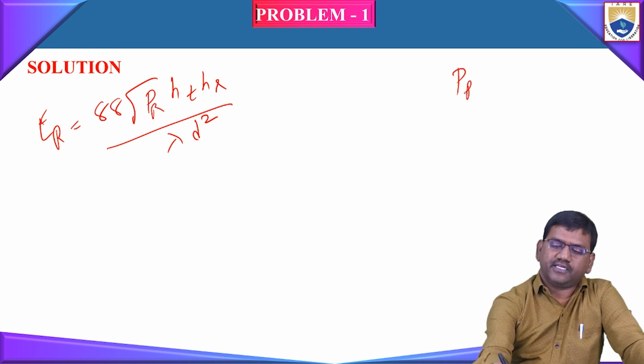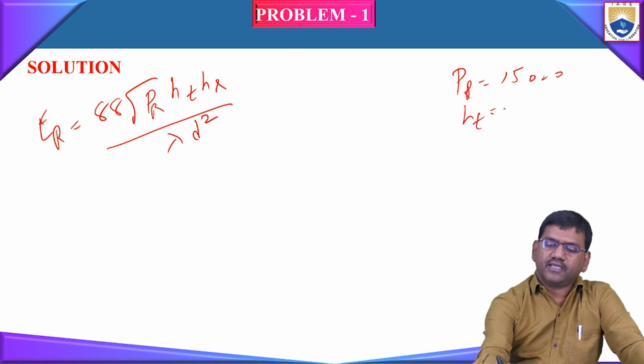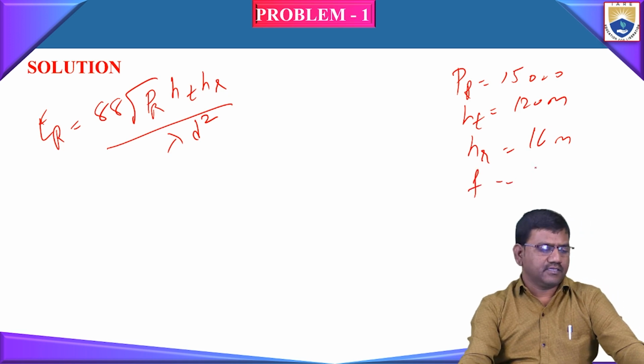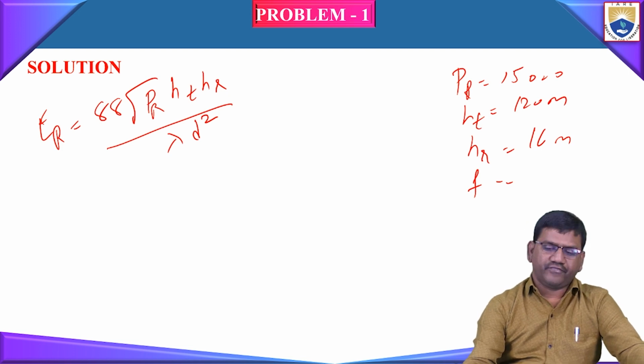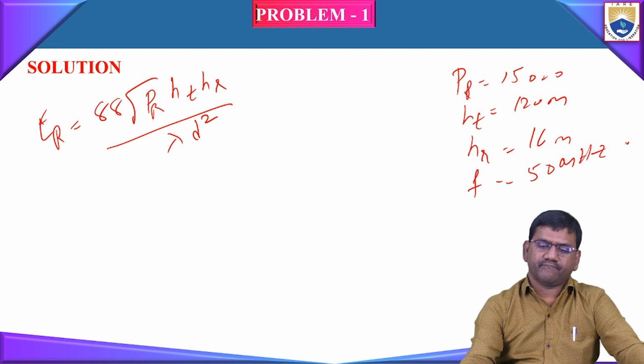What is PR given in the data? It is 15 kilowatts. What is HT given? HT is equal to 120 meters. The HR value is given as 16 meters. And F is given as 50 megahertz. So this is the data given.